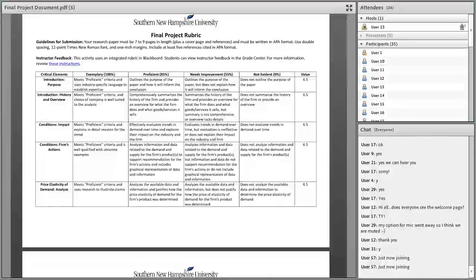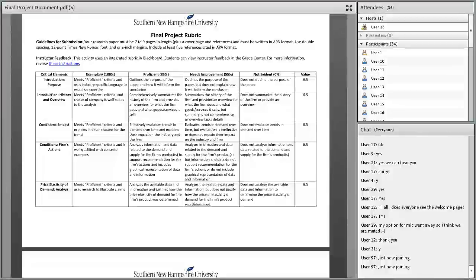And if you want to be exemplary, you have to choose a company that is well suited for the analysis. So when you explain the history, it needs to be clear that you will be able to provide a comprehensive analysis of the company as you progress through your milestones.